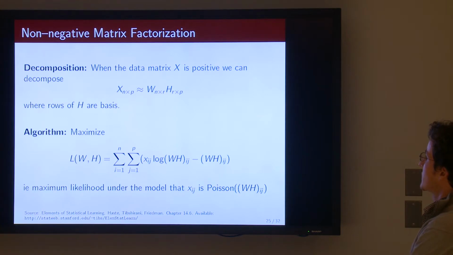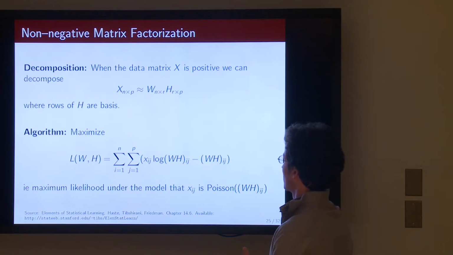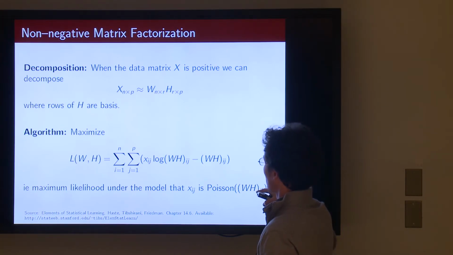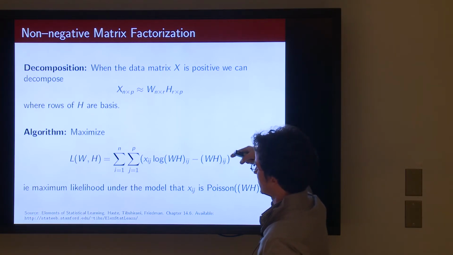Then we can estimate W and H by putting a model onto this. We can think of X_ij as being Poisson with a rate of the ijth component of WH. That suggests doing maximum likelihood, and the log likelihood is proportional to this objective function.